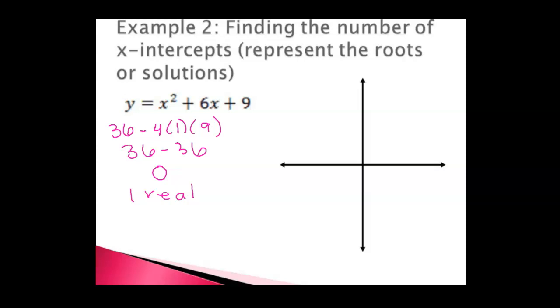And in this case, how does x squared plus 6x plus 9 factor? Yep. So again, you can see that idea of the repeated root at x equals negative 3, which is actually ironically also my axis of symmetry.